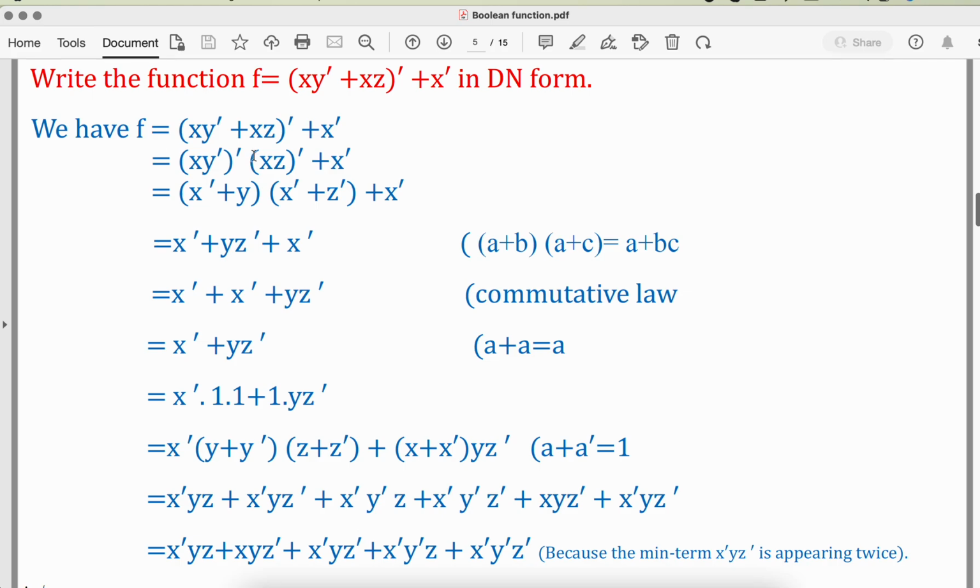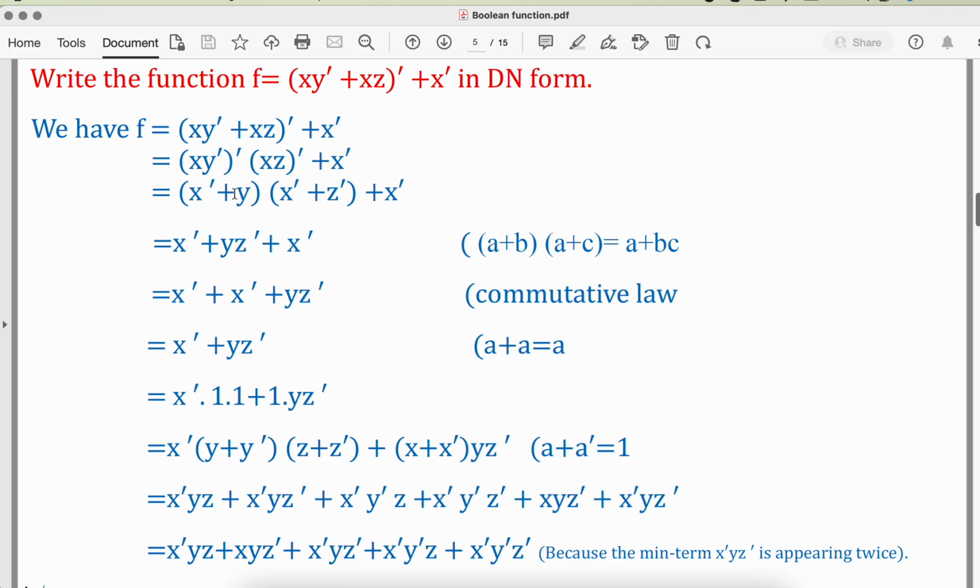Again we have a complement here, and again here. So by applying De Morgan's law again, we write the complement of individual terms and replace multiplication by addition. So it will be x dash plus y dash dash, meaning complement of y complement.